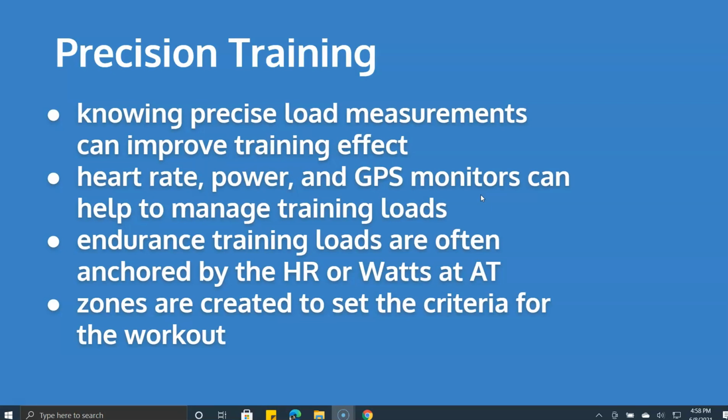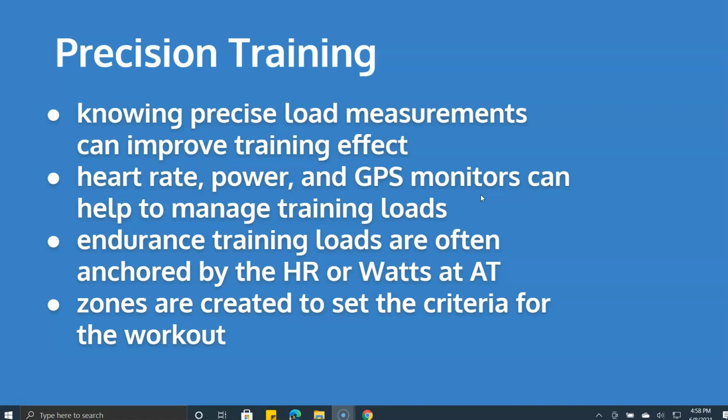With endurance training, loads are often anchored by a heart rate or watts, and it's anchored at the anaerobic threshold. In other words, how hard are you working relative to that anaerobic threshold, which we'll talk about in a minute.